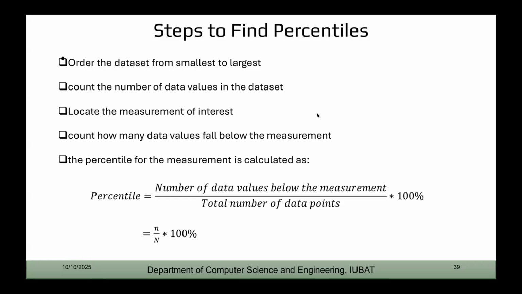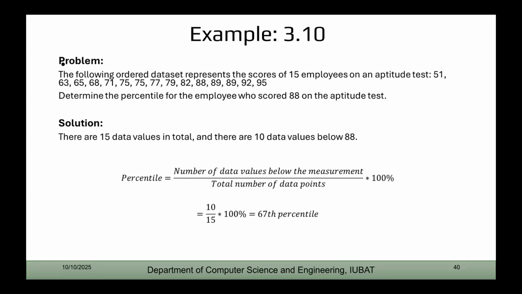Now, let me give you one simple example, and then it will be clearer what a percentile is. Let's say there is a problem: the following ordered data set represents the scores of 15 employees on an aptitude test. A very simple test, and 15 employees got marks.